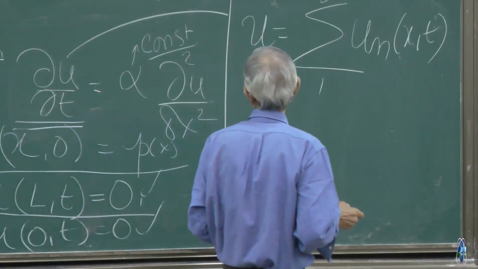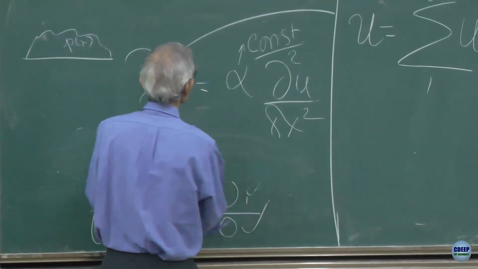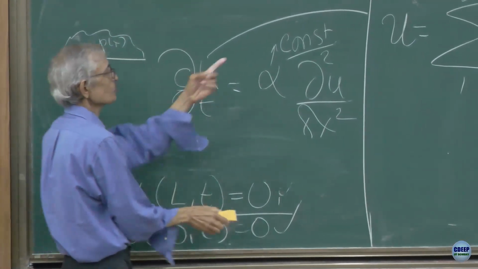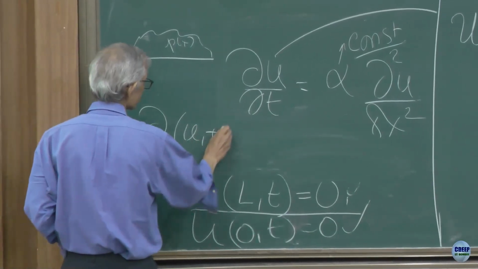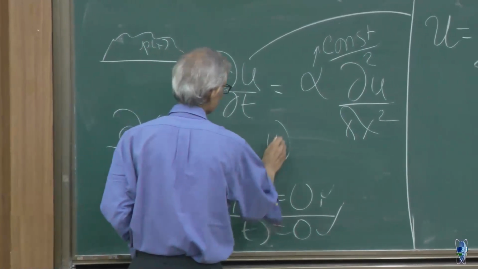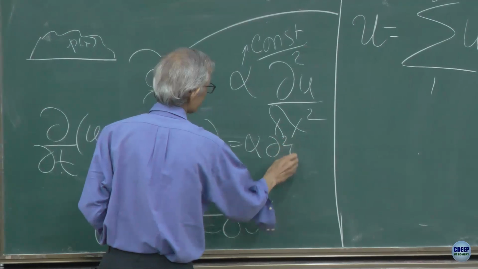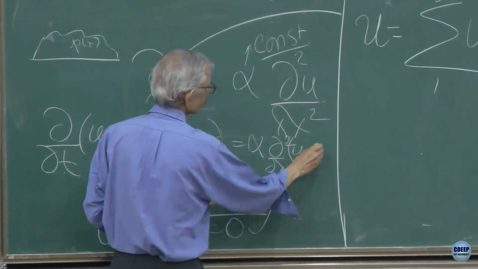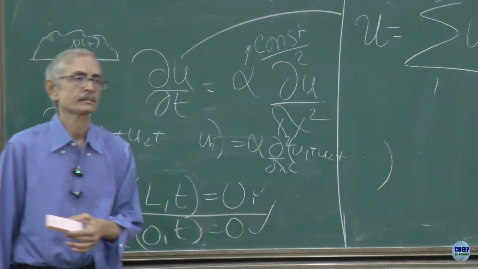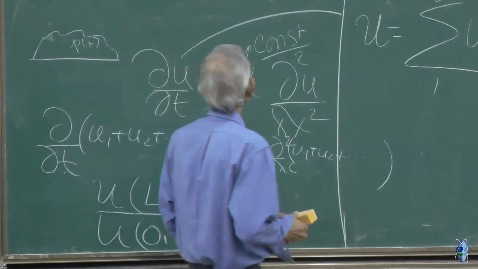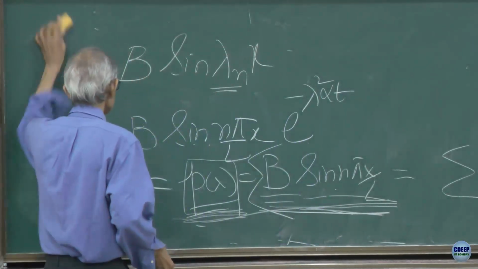Now, why does this work? Because this is my equation now. So this is my equation, and let me just open that guy up. del t of (u1 plus u2 plus blah blah blah up to un, and then all the way up to infinity) is alpha del square del x square of (u1 plus u2 plus dot dot dot). Because that's what that means, right? Okay, so what can I therefore say as far as the equations are concerned?